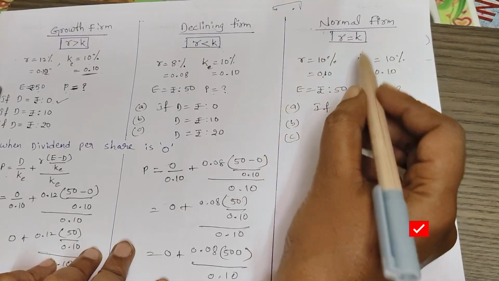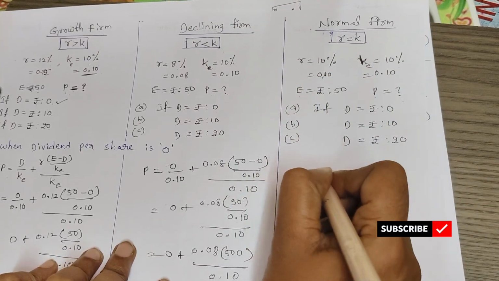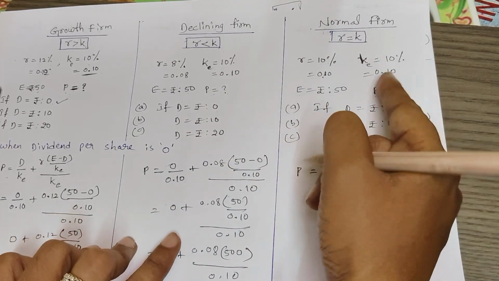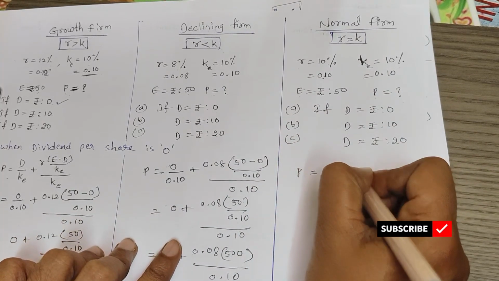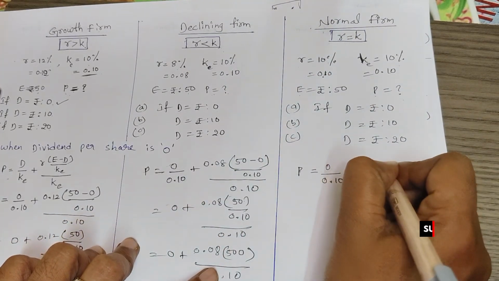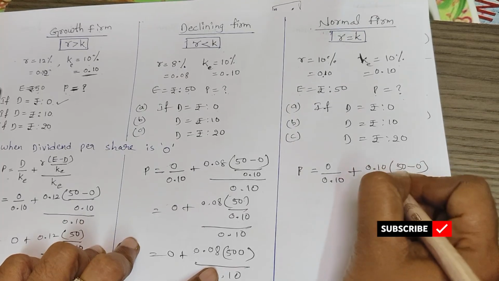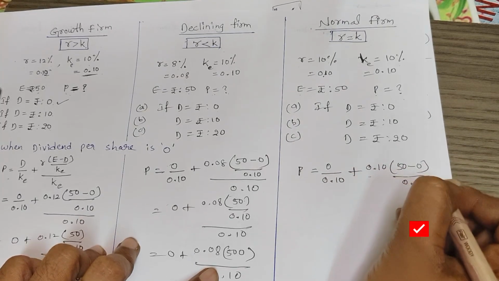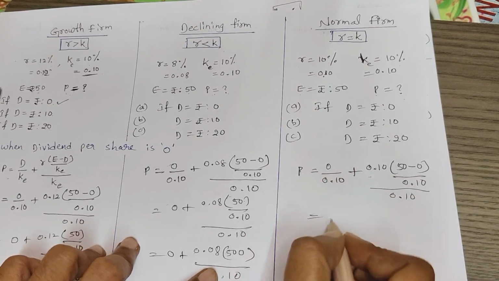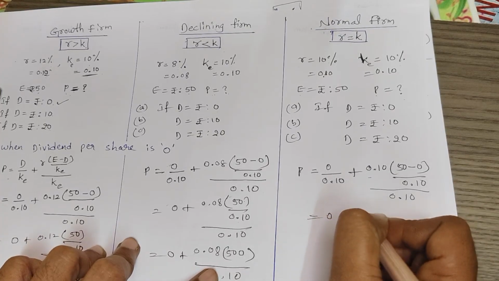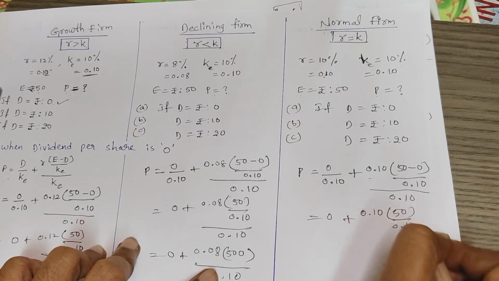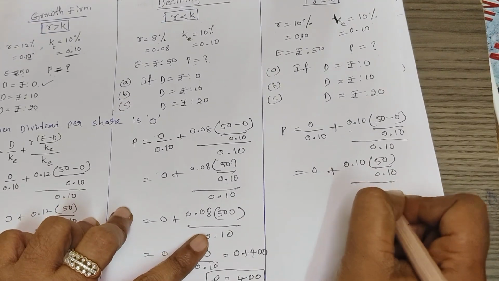Okay. So if it is normal form, how to calculate P? Same formula we are using. What is our D value here? 0. 0 divided by KE value 0.10 plus, what is R value? R value changed. R is equals to 0.10 into 50 minus 0 divided by 0.10, that is KE value, whole divided by 0.10. Then 0 divided by 0.10, 0 plus 0.10 into 50 minus 0, 50 divided by 0.10 whole divided by 0.10.